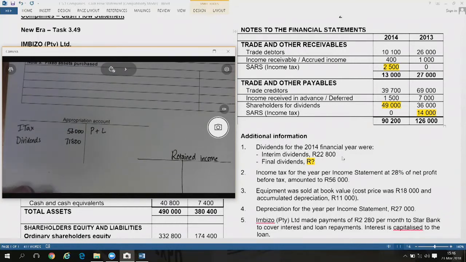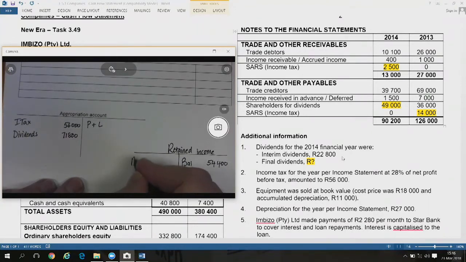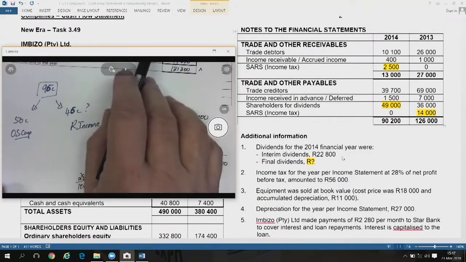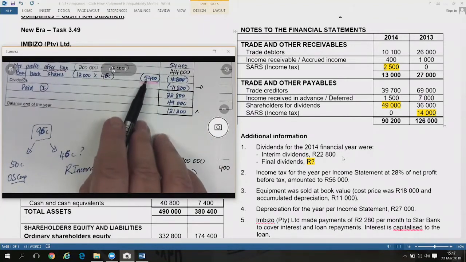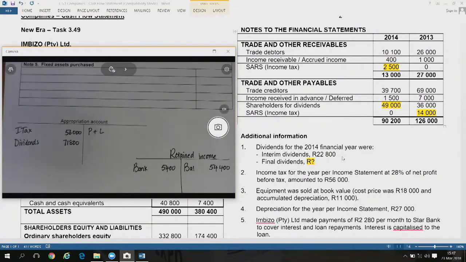The balance for the retained income at the beginning of the year was 54,400. Then we buy back shares, so there's basically a bank CPJ. We buy back shares for 5,400. Do you remember? That was the buyback shares in that note there. There it is, 5,400.